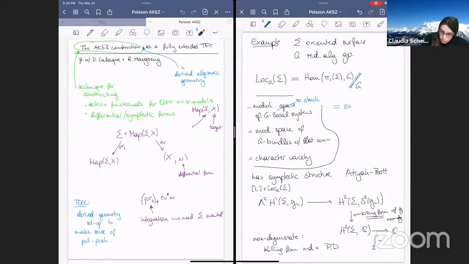Okay, so this here actually, and now I'll try to stick with my blue for the derived algebraic geometry again. This is the smooth locus of a derived stack, which has the form maps of sigma, where now my sigma, my surface sigma, I can view as an object in this derived algebraic geometry, which is called the Betti stack.